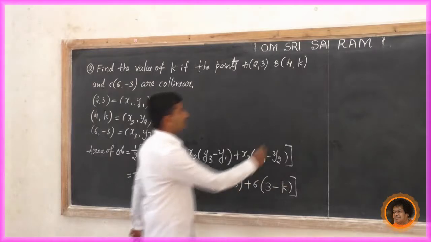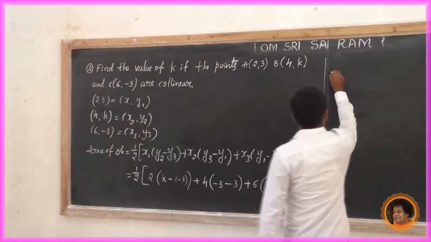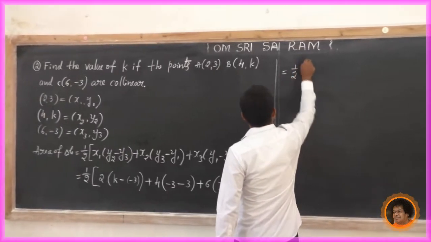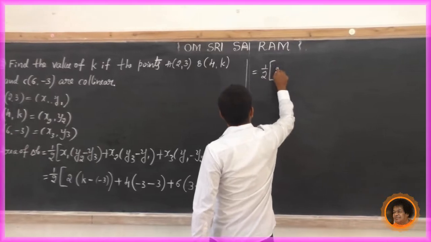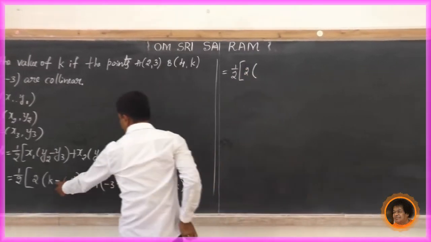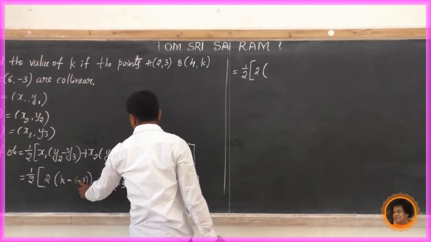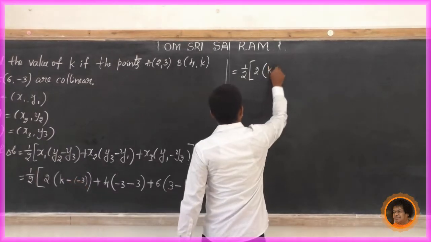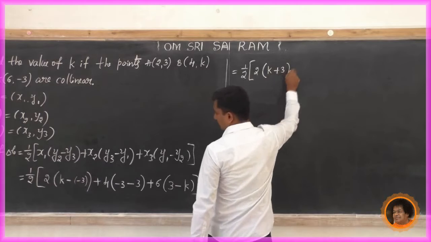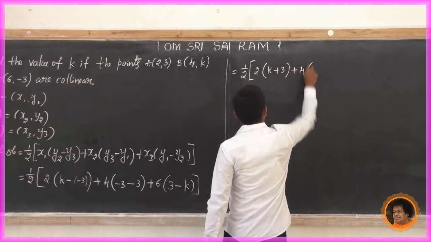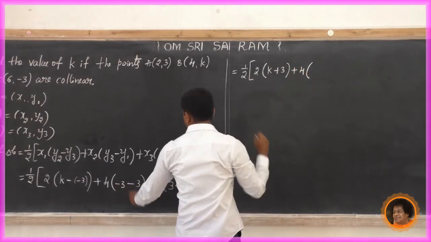Now simplify. Which is equal to half into 2 into (k plus 3), since minus into minus is a plus, plus 4 into (minus 3 minus 3).